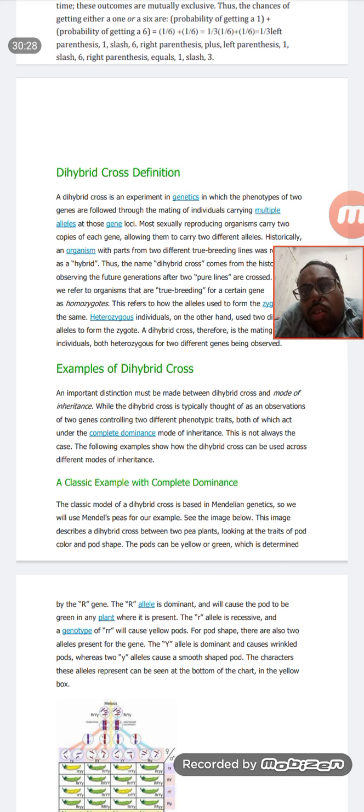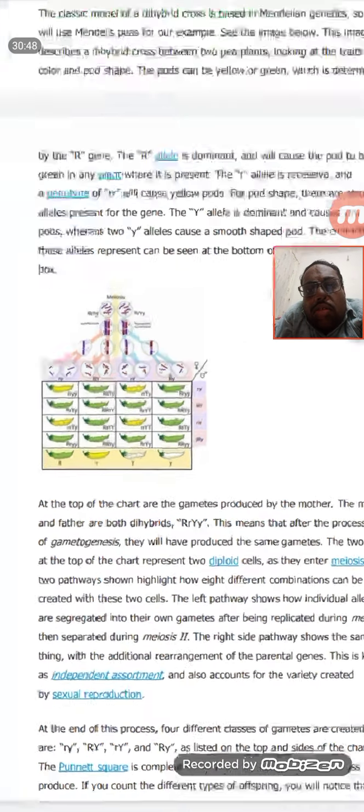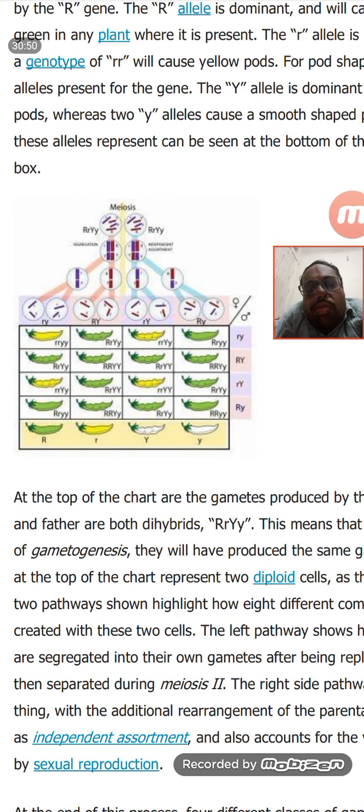Is it the result according to the monohybrid crossing, or is it something else? That is what Mendel was trying to see. You have already studied this a little in the 10th standard. The rules are the same, there is no change. Whenever the two characters are taken as male and female, the genes will independently assort.